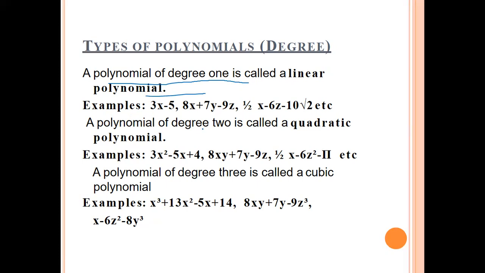A polynomial of degree 2 is called quadratic. You can see here is 2, so it is a quadratic. And a polynomial of degree 3 is called a cubic polynomial. As you see, this is degree 3 in the variable.